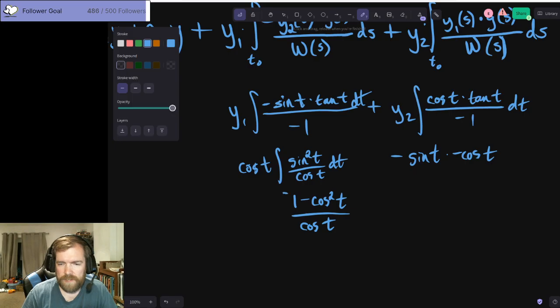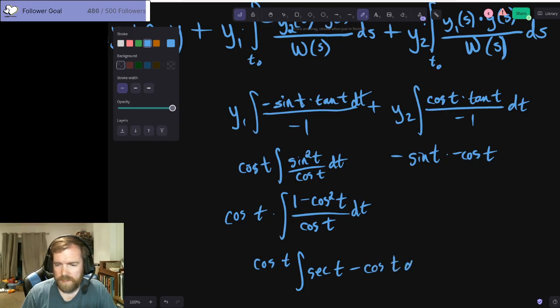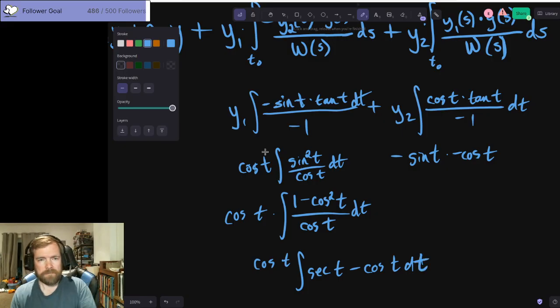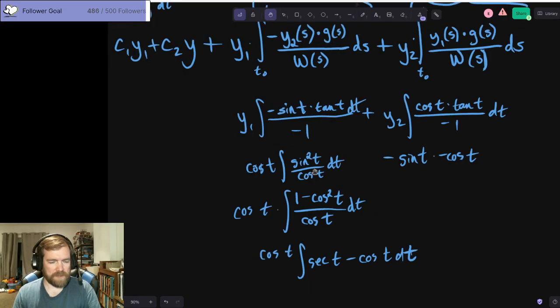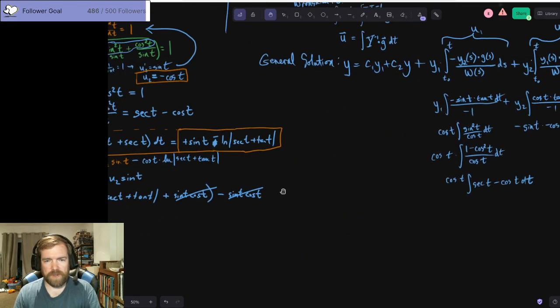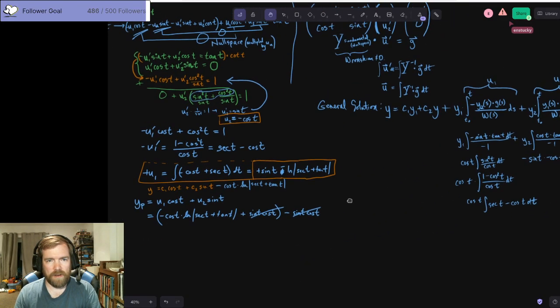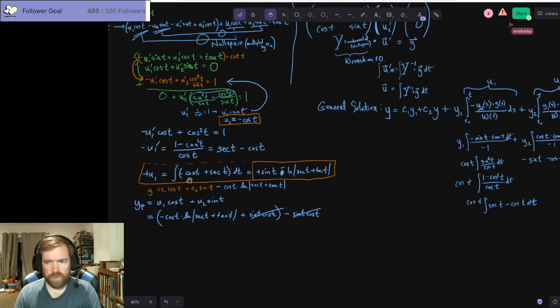We still got a cosine on the outside. Right, integral of our secant of t minus cosine of t dt. So that should look familiar. Unless I messed up the sign, it should be the same thing that you got back here. Negative cosine plus secant. Yep. Cool.